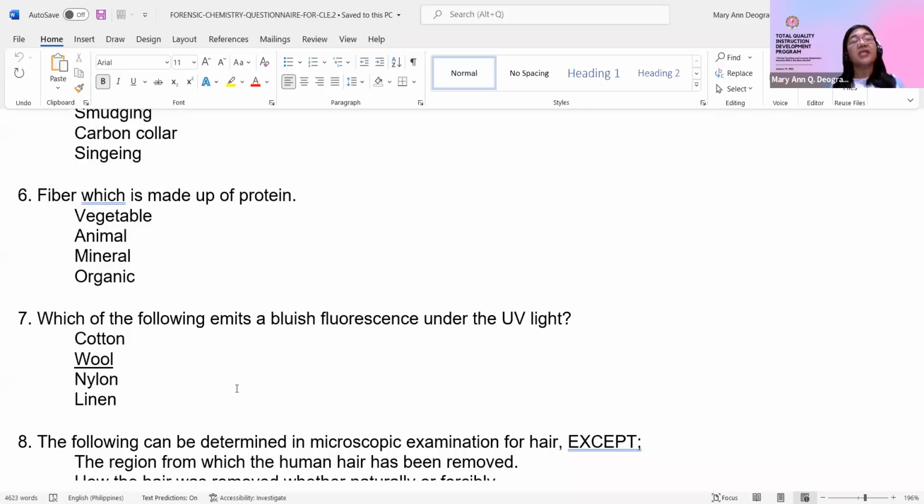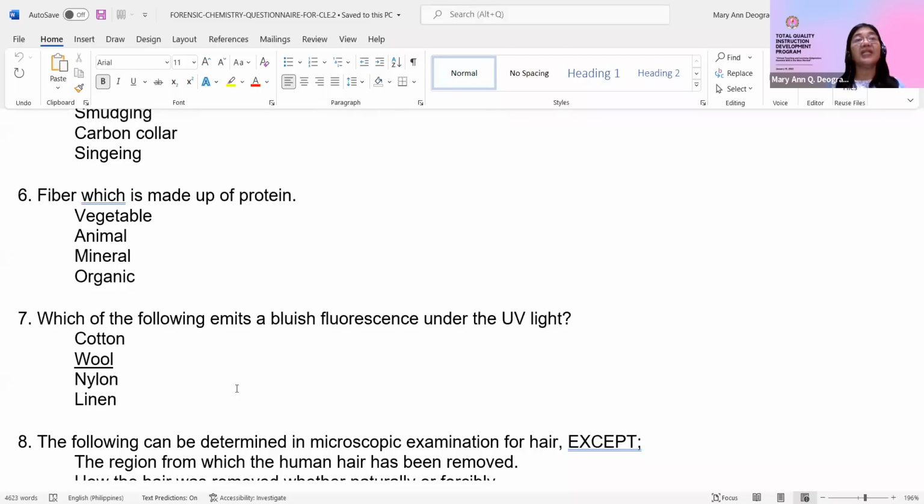All right. So the fluorescence test, its purpose is to determine whether a fiber is animal or vegetable. The vegetable fibers, together with the artificial fibers, have yellowish fluorescence. Animal fiber has bluish fluorescence.